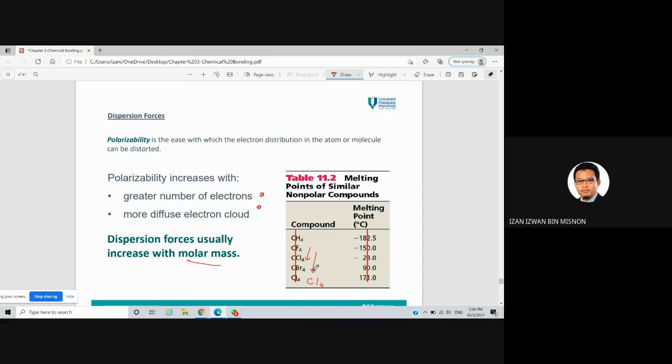For bromine also the same case, there will be another electron cloud, and for iodine even bigger, comprising more electrons and also electron cloud. That's why you can see the melting point increases from methane to carbon tetraiodide.